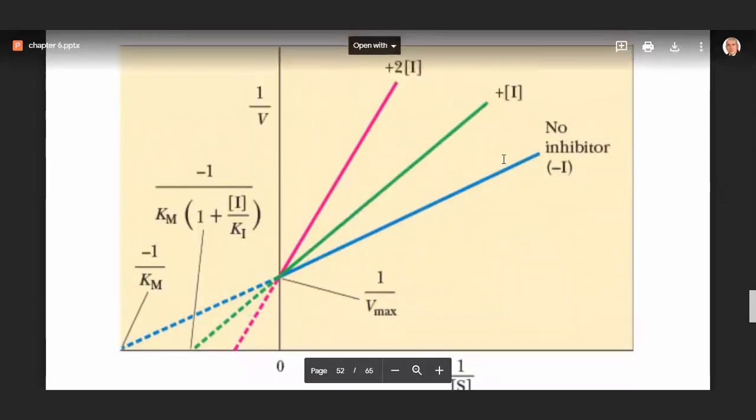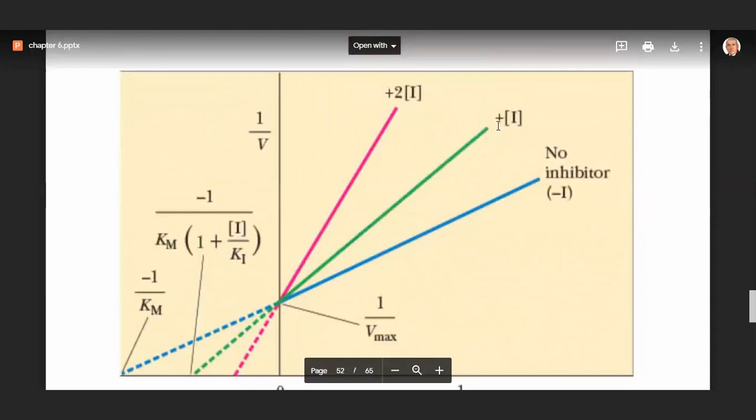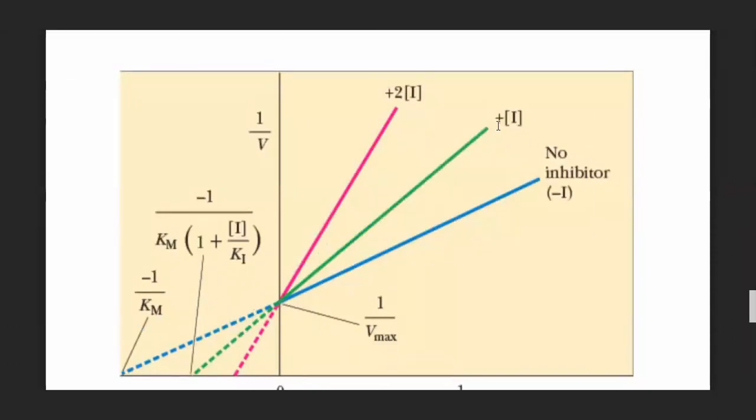Now, what happens when we add a competitive inhibitor, the green one? You see here, the green and the blue meet here, and then we have the extrapolation.